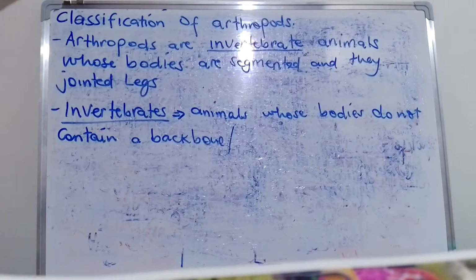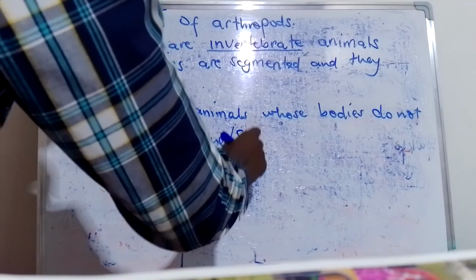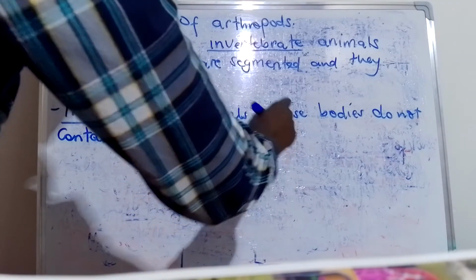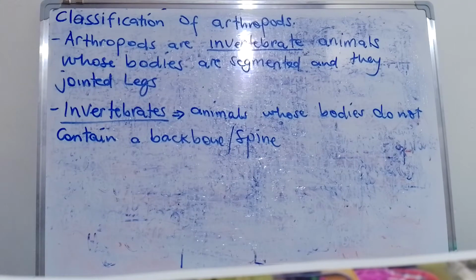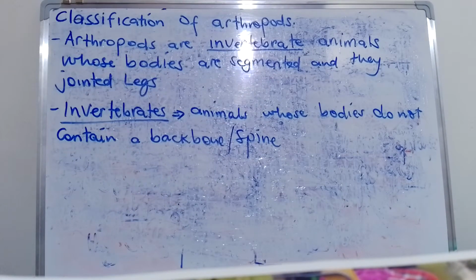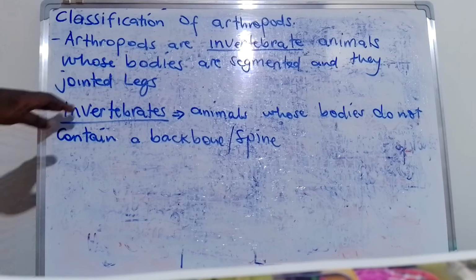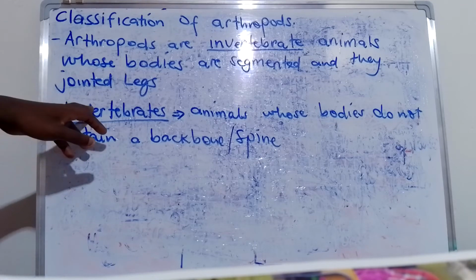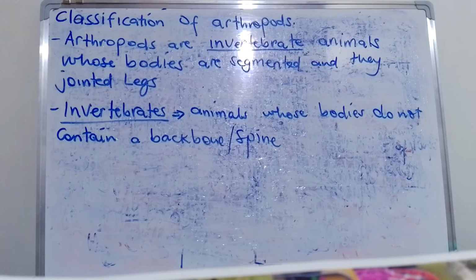Some people call it a spine, or vertebral column. Animals whose bodies do not contain a backbone or a spine are called invertebrates.